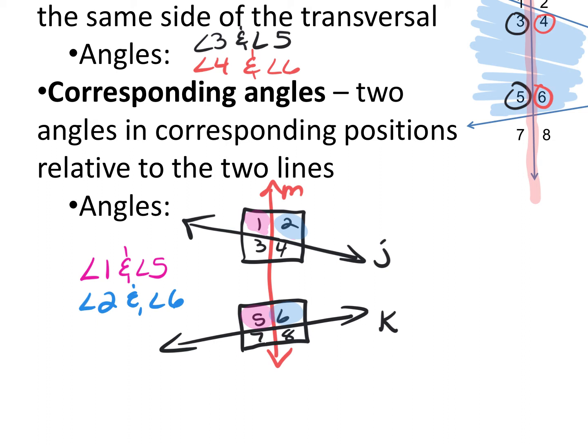And then I can also do 3 and 7, the bottom left corner of the box. And then the last spot, let's do purple, 8 and 4 would be corresponding angles.